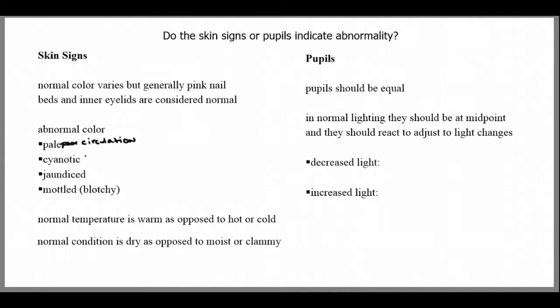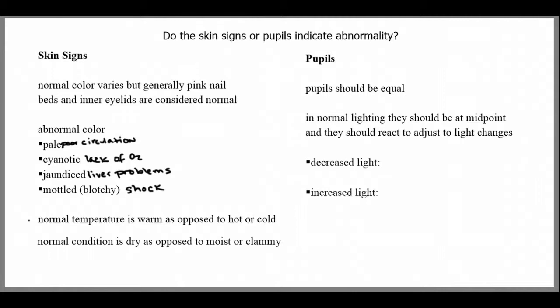Cyanotic, which is a bluish color, is associated with a lack of oxygen. Jaundice, which is a yellow color, is associated with liver problems. And mottled or blotchy is associated with shock.